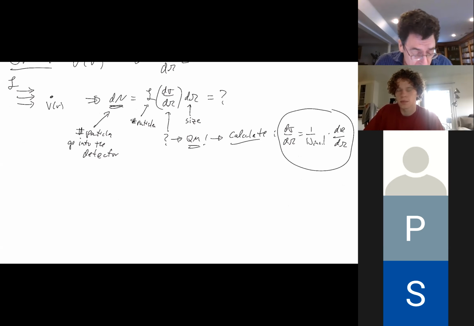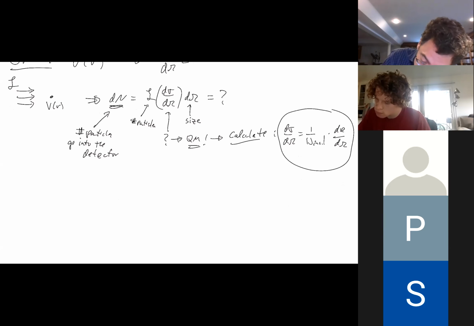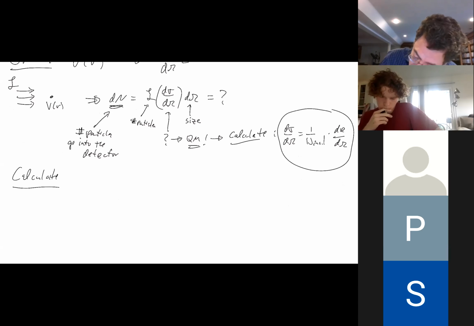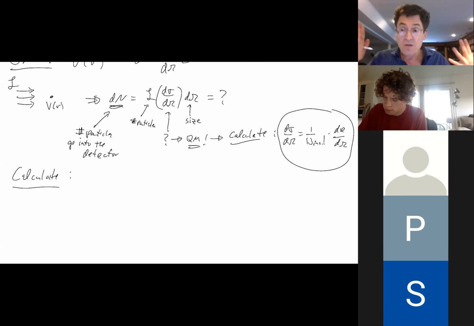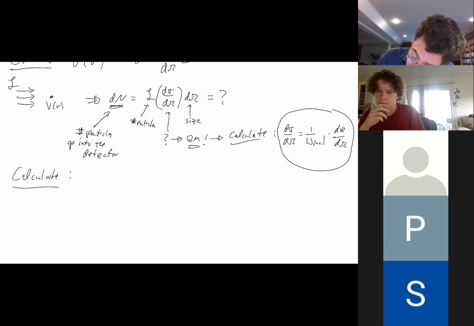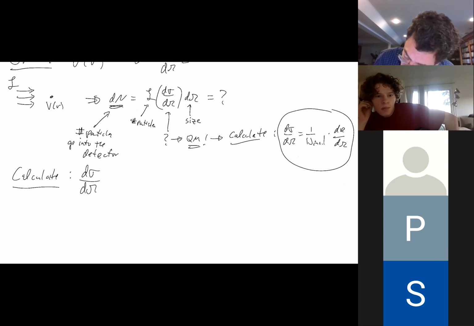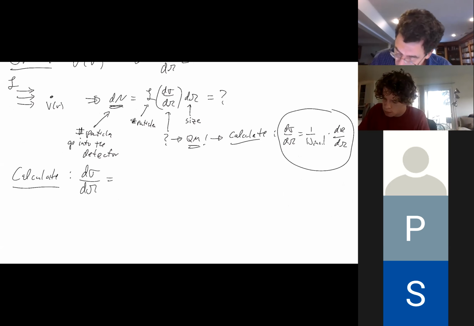All right. So the question becomes, how do we calculate this? If you're a high energy physicist and you want to ask the government for money, you've got to make a convincing argument that they should give you a bunch of money to detect those particles. And so you've got to calculate this quantity, this differential cross section, because that's where all the physics is.